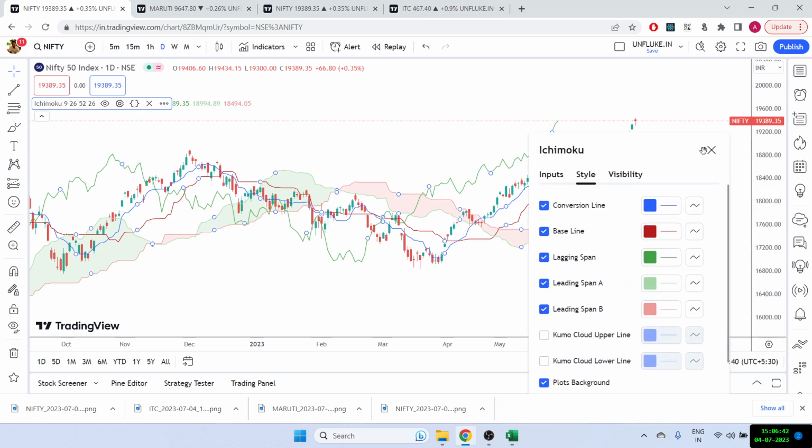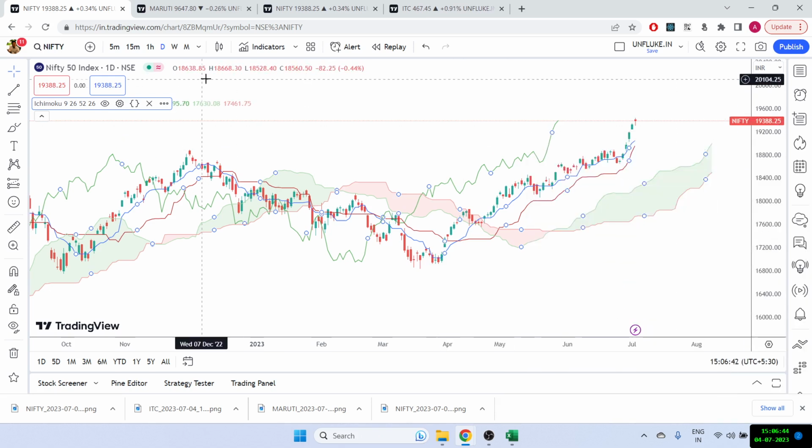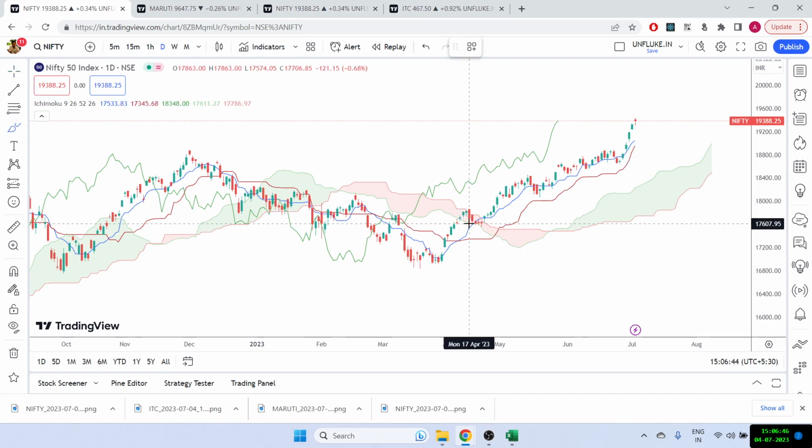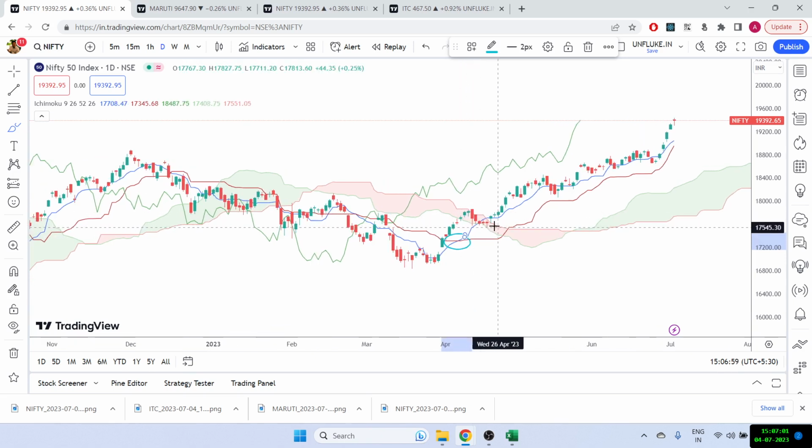So let's see how to use the strategy. On the daily time frame, if I'm looking for a buying entry, firstly I'm looking for the blue line to cross over the red line. This happens here, and I also want the price to close above the cloud.